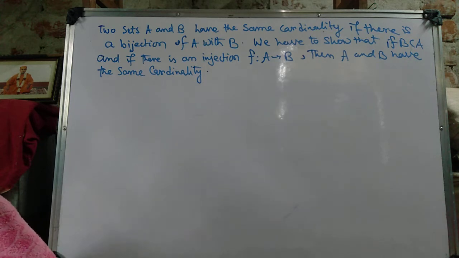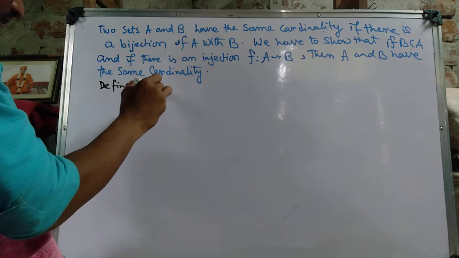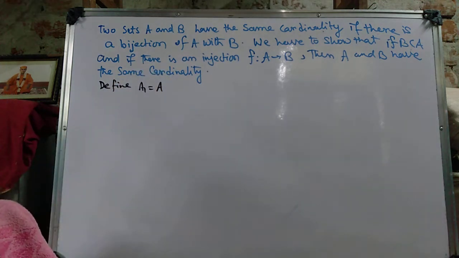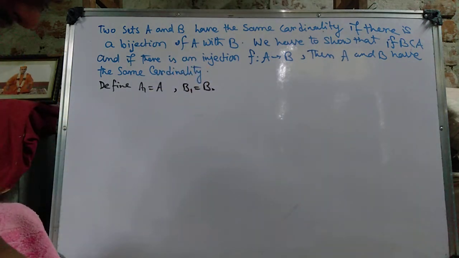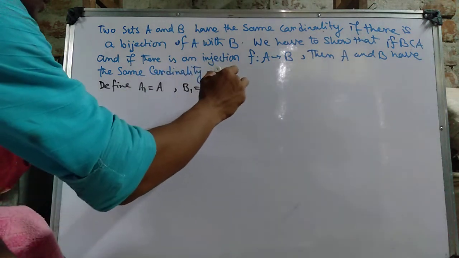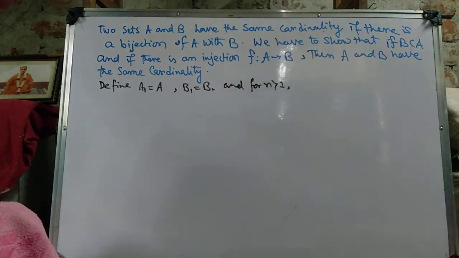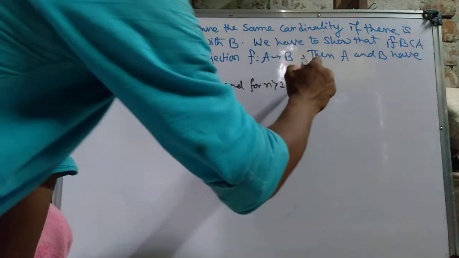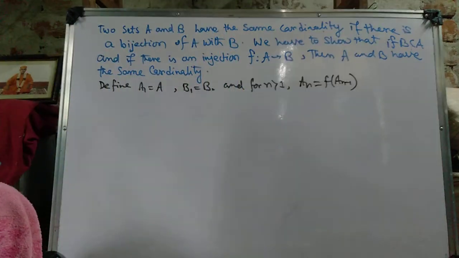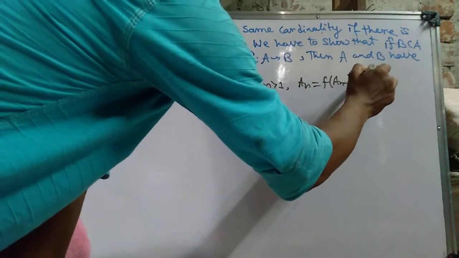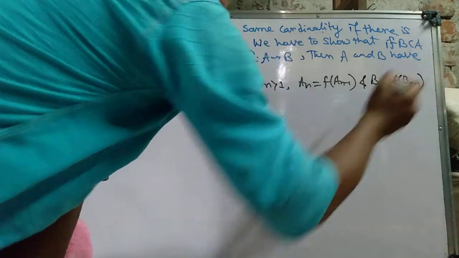Now define A1 equal to A, B1 equal to B, and for n greater than 1, An equal to f(An-1) and Bn equal to f(Bn-1).